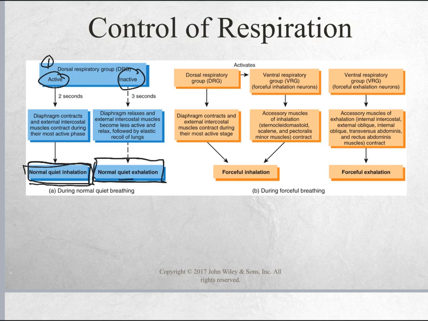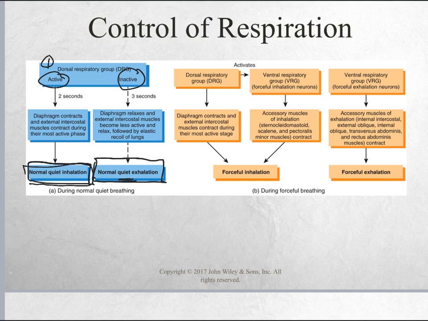Notice we are specifying quiet. So when we talk about the dorsal respiratory group, we're talking about the eupnea, the quiet breathing that occurs, the breaths in and the breaths out. The muscle groups we're using are our primary respiratory muscles, the external intercostals, the diaphragm, etc.